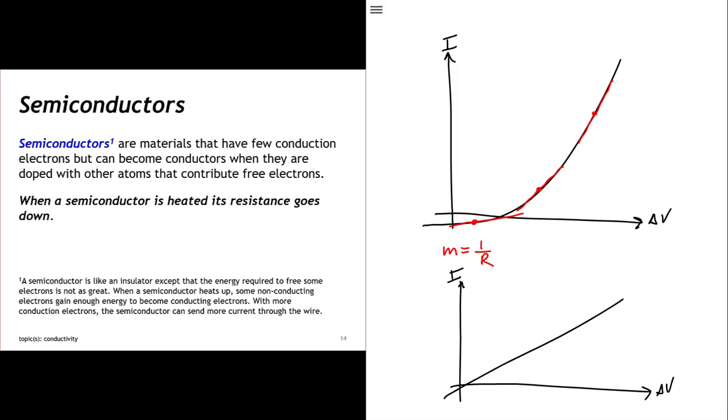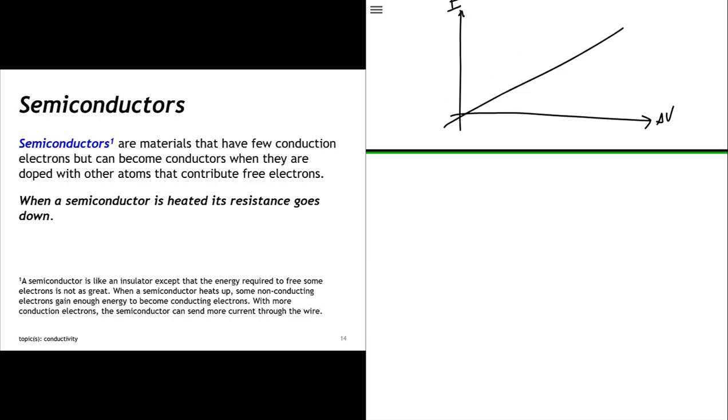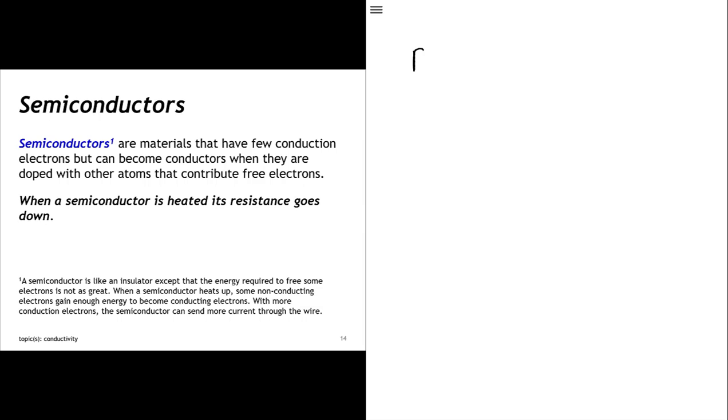When you heat up a semiconductor, it releases more conduction electrons, and those conduction electrons increase the current in your semiconductor. And if the current goes up, your resistance goes down for a given potential difference. So that's a property of semiconductors.